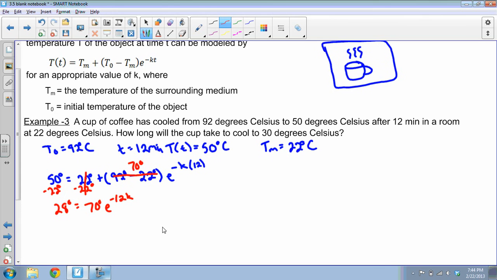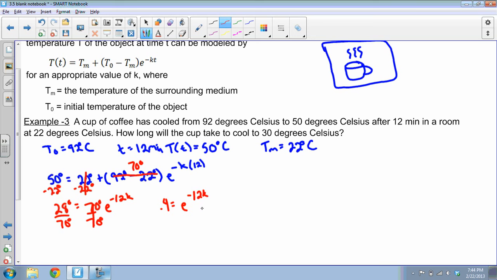Now we can divide by 70 on both sides. And 28 over 70, we could write it as a decimal because that's actually a really nice decimal. That's 0.4. So that would also be a really nice fraction, whatever.